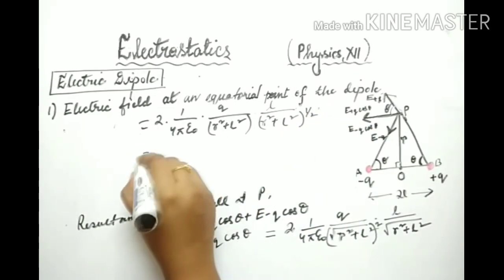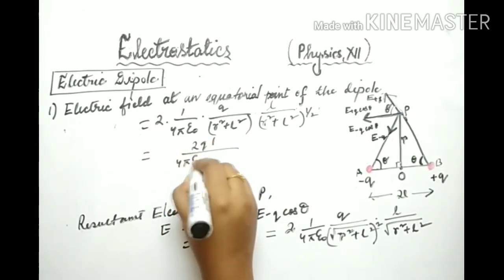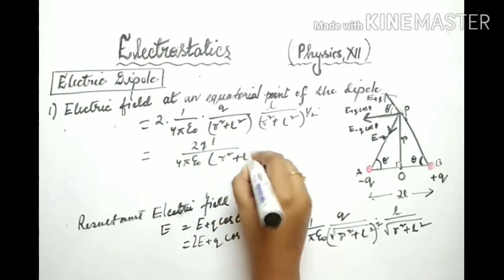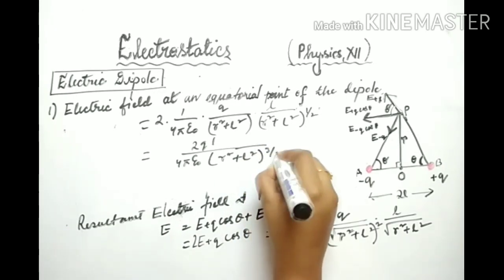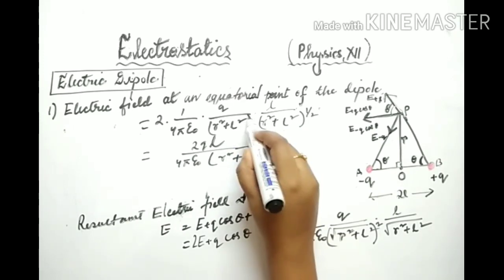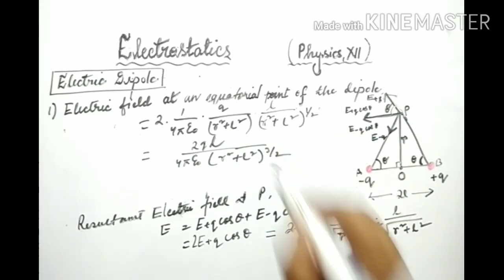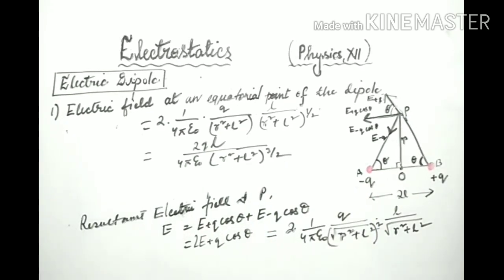So here we can represent it as 2qL by 4 pi epsilon naught r square plus L square to the power 3 by 2. Now why 3 by 2? This is to the power 1 and this is to the power half. So 1 plus half will give you 3 by 2.